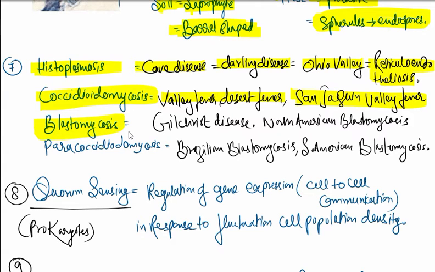Blastomycosis is also known as Gilchrist disease, North American blastomycosis. The next one is paracoccidioidomycosis. This is also known as Brazilian blastomycosis and South American blastomycosis.